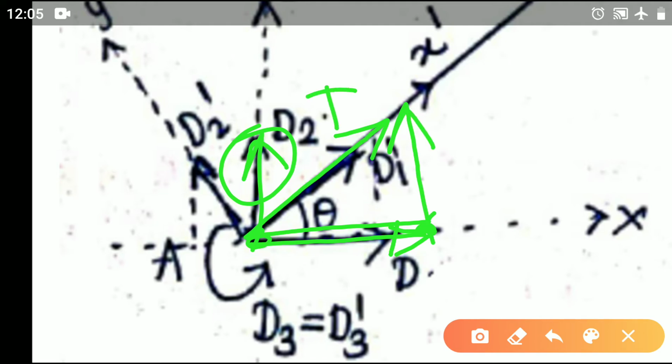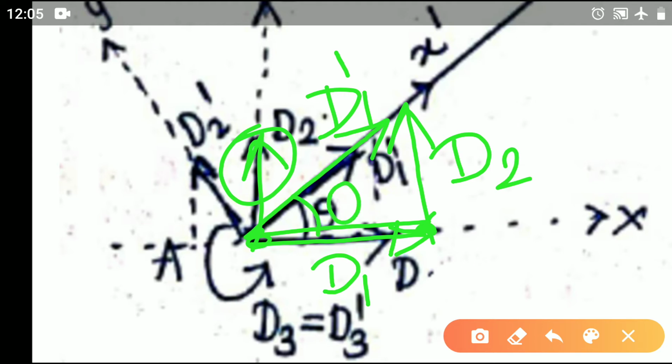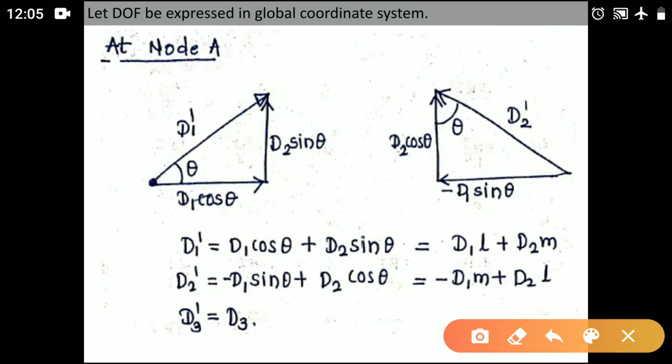So here it becomes a triangle. The hypotenuse is d1 dash, this horizontal line is d1 degree of freedom, and this vertical side of the triangle is d2, and this angle is theta.